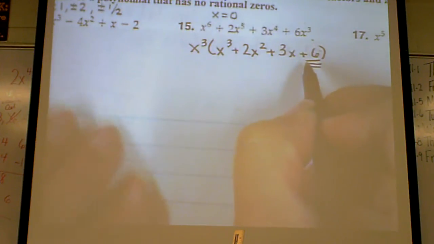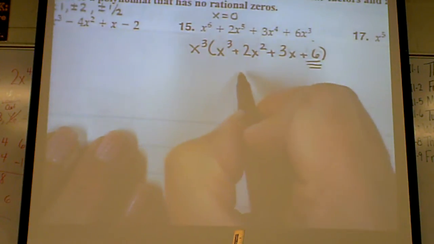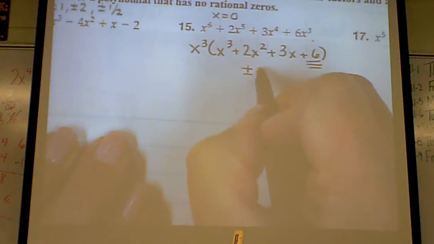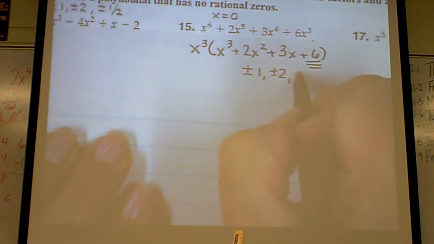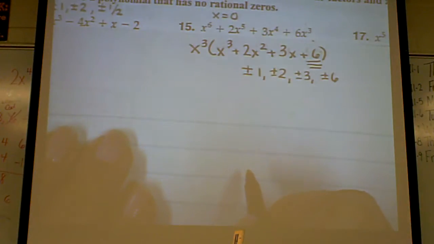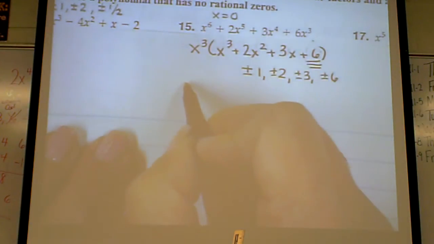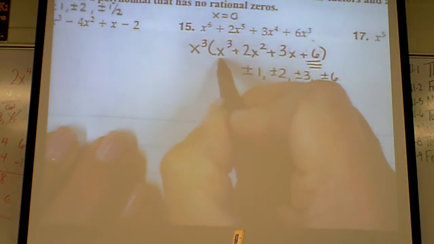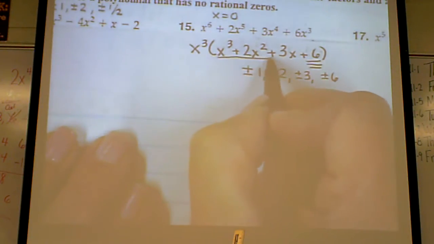There is no constant, but now you have one. So what are your possible zeros? 1, 2, 3, and 6. When you pull a number out and test it, you're trying to break this piece up right here.